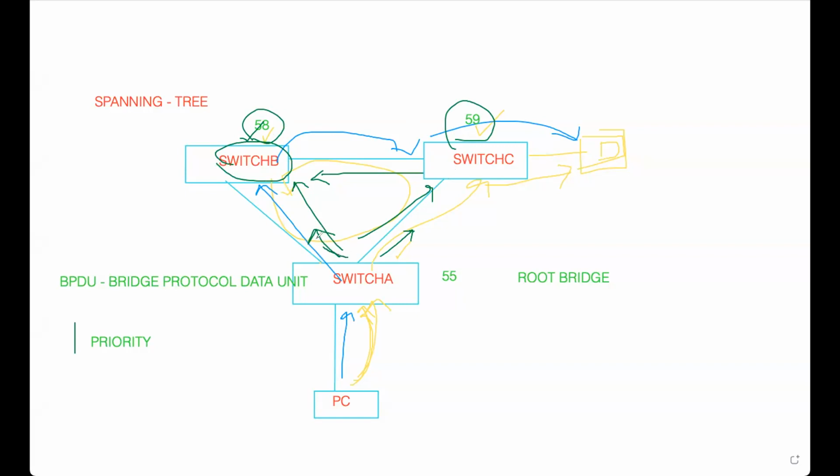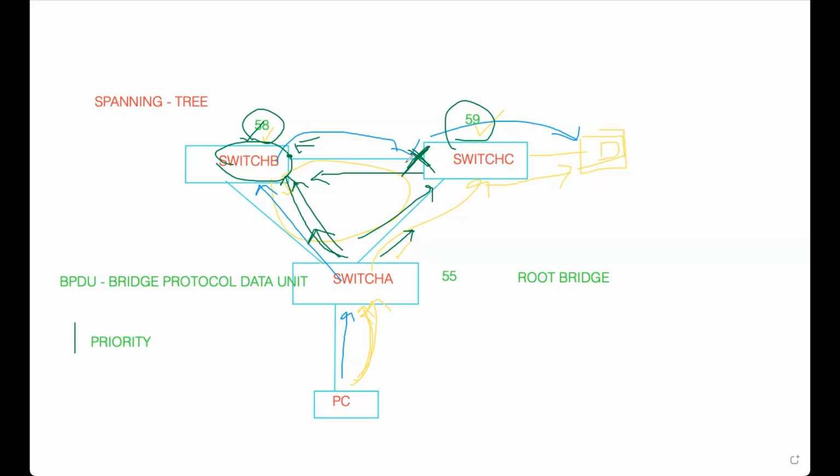The packet goes here and it will elect this port as the forwarding port, and switch C will put its port in the blocking state. So this port will be temporarily blocked.